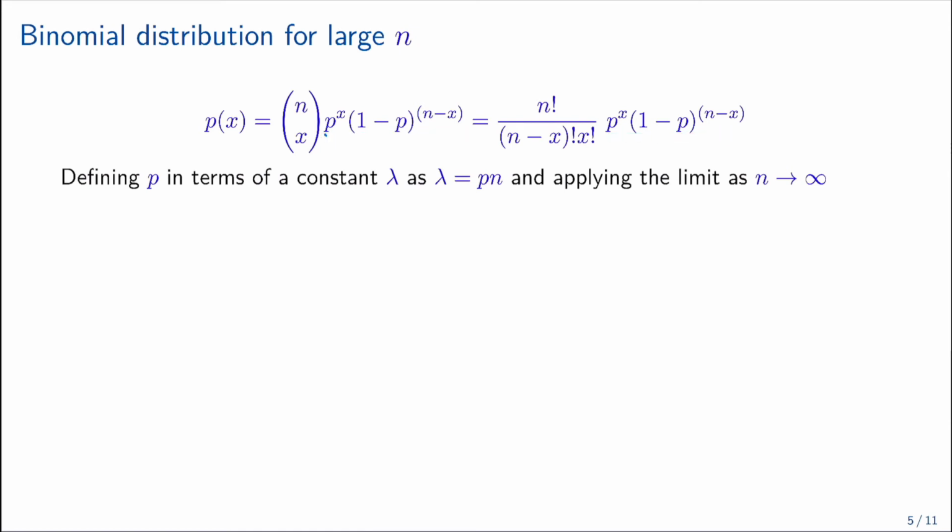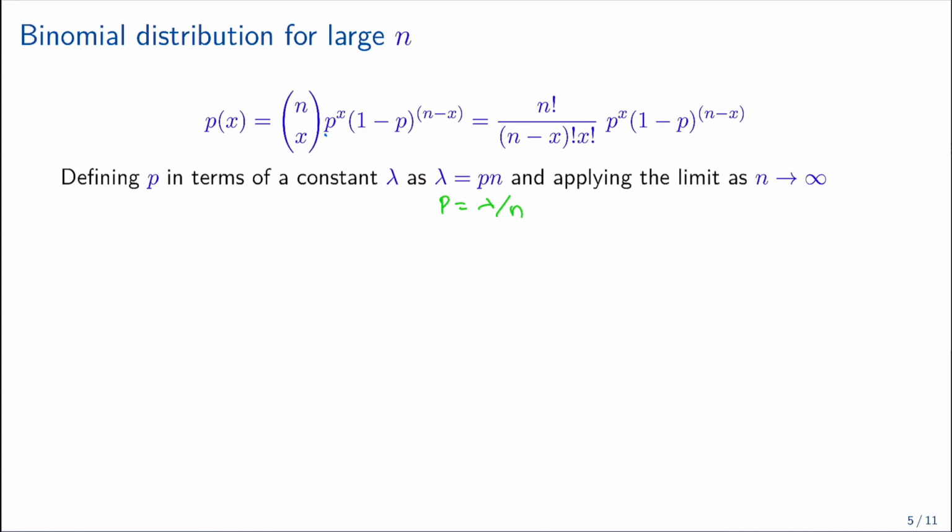Now, I'm going to write this expression in terms of lambda. Lambda is equal to p multiplied by n, so p is equal to lambda divided by n. So I'm going to replace p in this expression and also apply the limit.